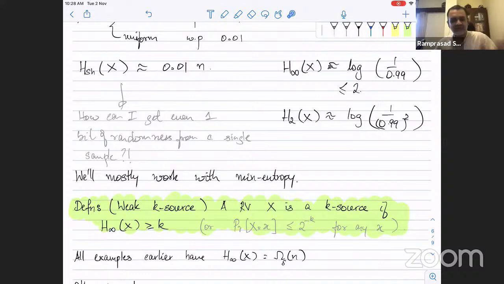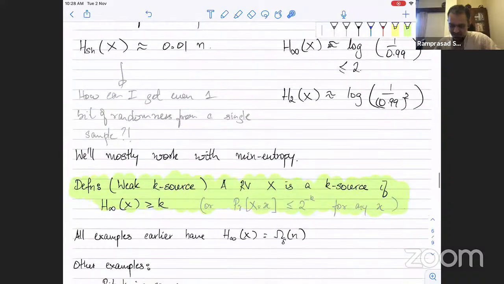The constant might have a parameter delta along with it, but there is a linear number of random bits in all of them. So even in the context of min entropy, they are sources with an abundant amount of randomness, and I would definitely want access to random bits from there.